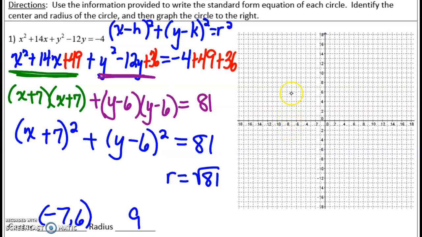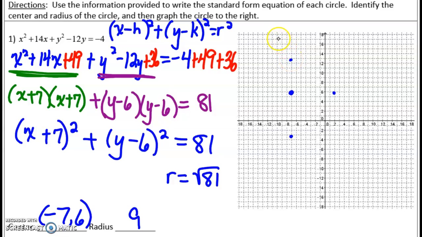-7, 6, I think is here. Yeah. And then we're going to count. The radius is 9, so we're going to count 9 in each direction. That would be 13.